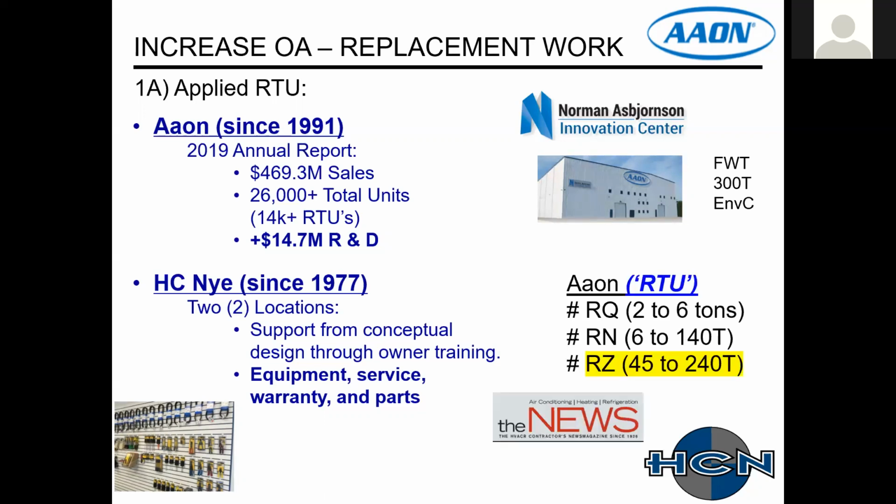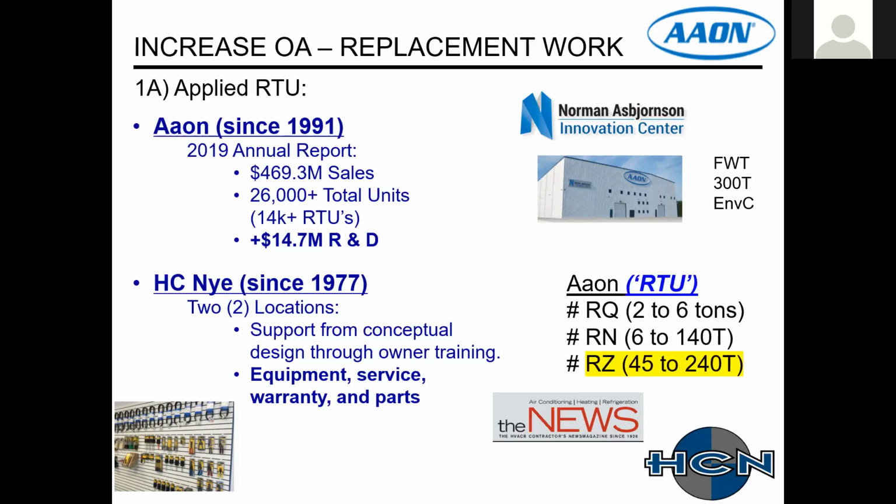And then AAON's applied rooftop units have 3 model numbers, 3 broad categories. I put R2Us because they can be used for DOAS units, makeup air, et cetera. The RQ is from 2 to 6 tons. The RN is from 6 to 140. And I've highlighted the RZ unit that was previously an RL unit.